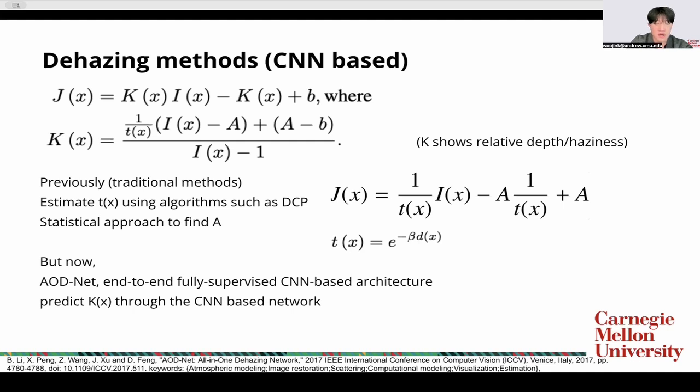So instead of finding T and A separately, the CNN-based architecture will basically automate the process of finding both terms combined, which we can use to find the dehazed image. And by the way, the term K is also known as showing the depth and haziness of the pixels in the image.